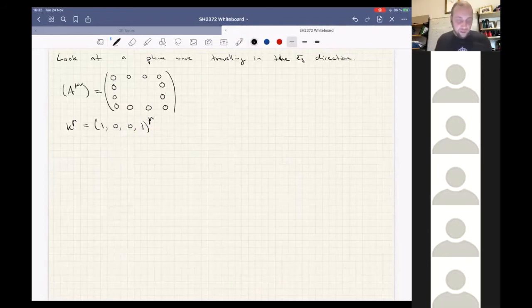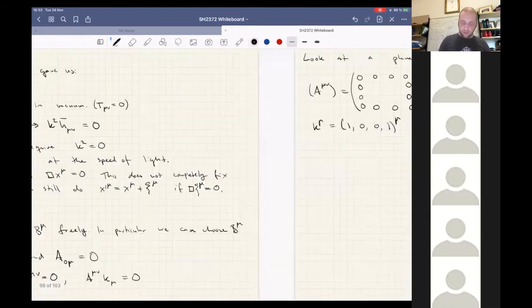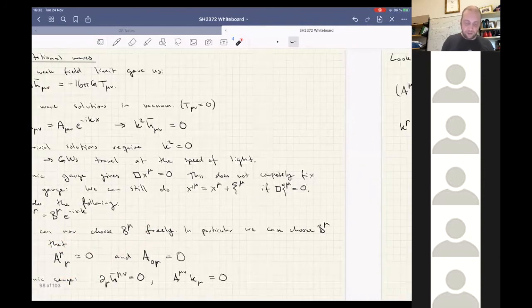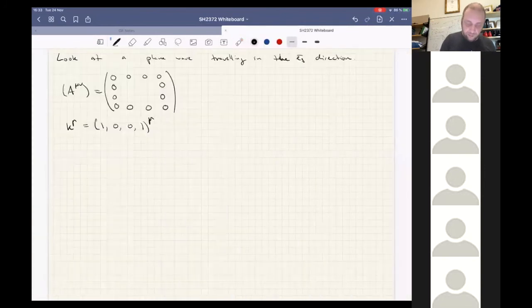So we are left with 4 entries here, but this particular gauge choice gave us that the trace must be 0. That means that whatever stands in this position, and I'm going to call this constant A plus, must be equal to minus what is in this position. So this is going to be minus A plus. And it will be clear later on why I've chosen the subindex plus.